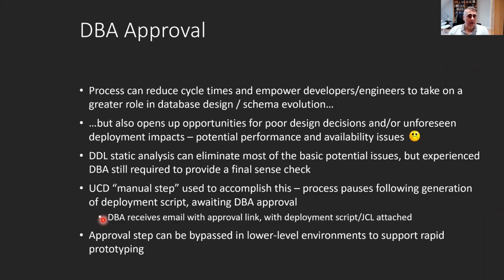Without going anywhere near the mainframe, the DBA can see a change has been requested, can see what's about to run, and then can click on an approval link to say yes, I'm happy for that to be implemented, or no, I can see a potential issue here. There's something inside that change script that doesn't look right. They can either pause and go talk to the engineer that requested it, or just reject the change outright, in which case there's a chance to go away and review and correct the process.